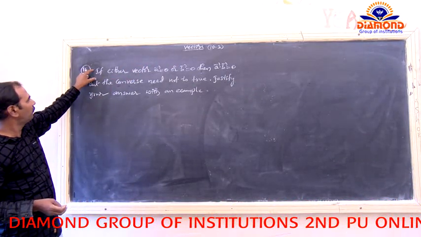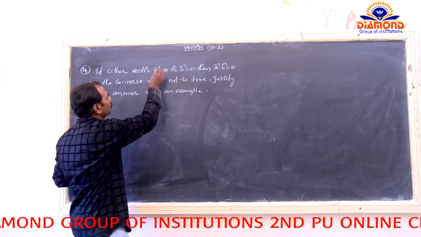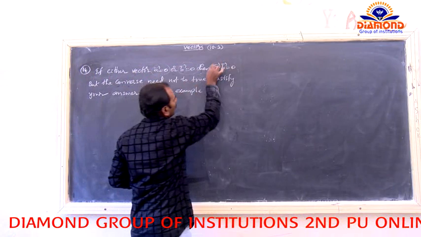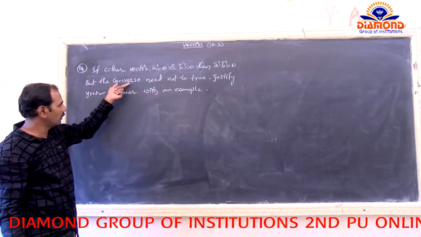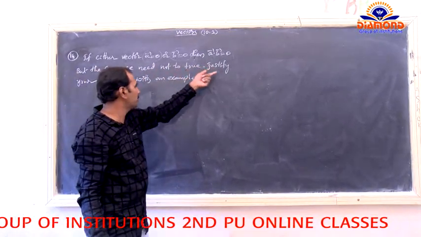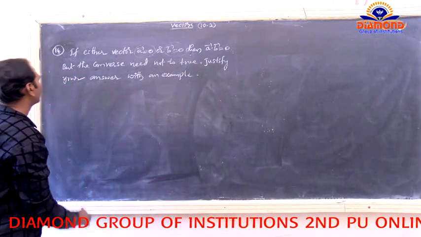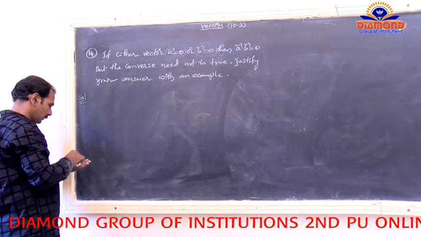Exercise 10.3: If either vector A bar equals 0 or B bar equals 0, then A bar dot B bar equals 0. But the converse need not be true. Justify your answer with an example. So simple. Solution.